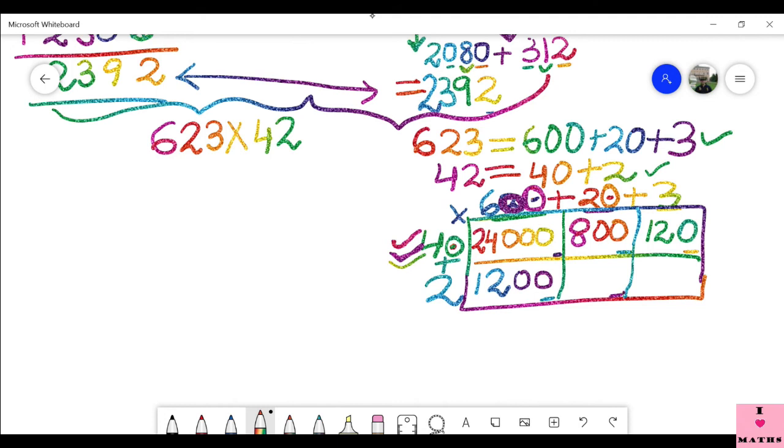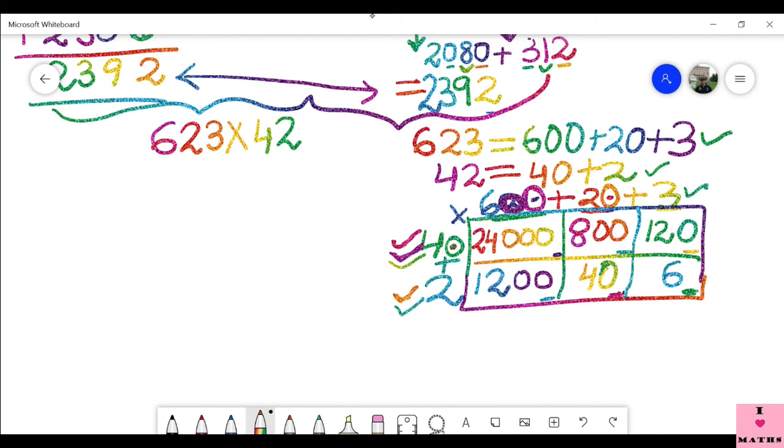Now we have to fill up this box. Topmost multiplied by leftmost. 2 2s is 4. Now we have to fill up this box. Topmost multiplied by leftmost. 3 2s is 6.